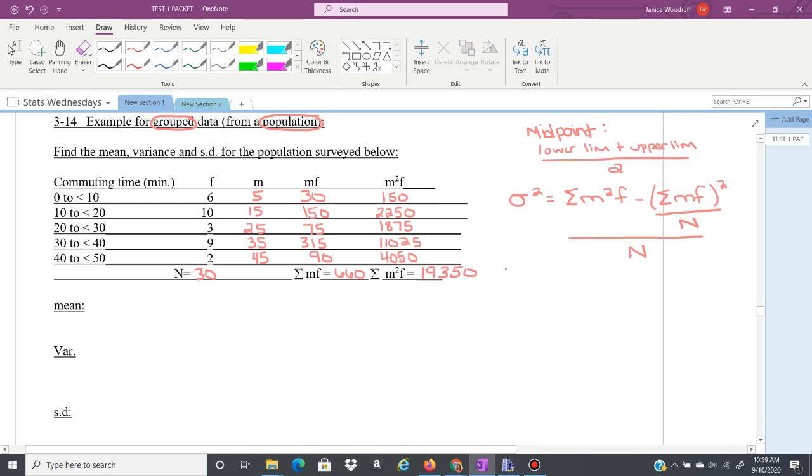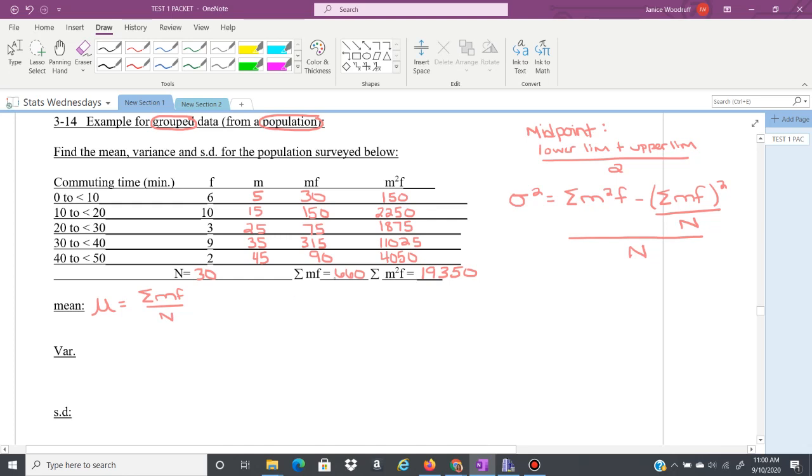So let's go ahead and find these. You have the mean, the variance, and the standard deviation. All right, so the mean with grouped data is a little different here. Again, remember the formula here for population is going to be mu equals sum of mf divided by n.